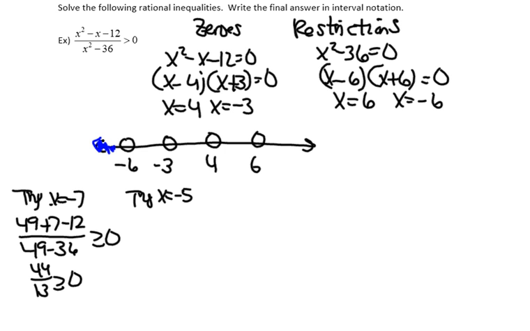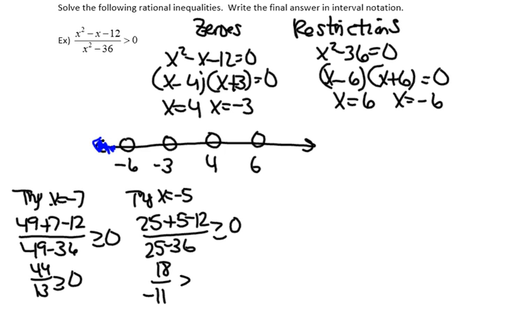So plugging in. Well, that is certainly not greater than or equal to 0, so that region will not be included. Third region, between -3 and 4, well, we're going to try 0. Easy to simplify, and 1/3 is certainly greater than 0.